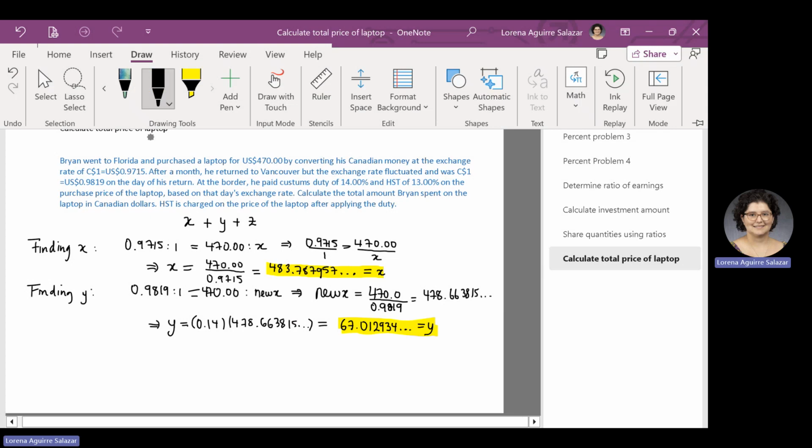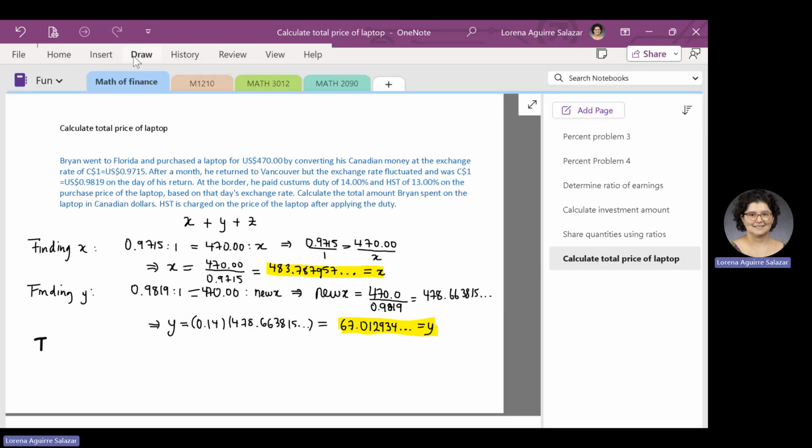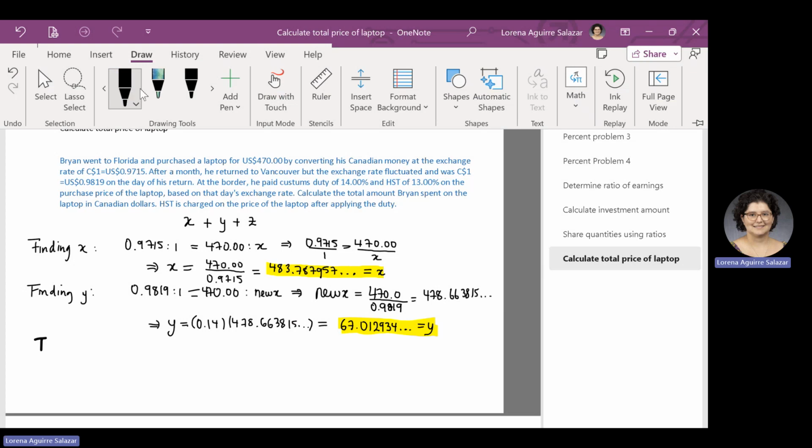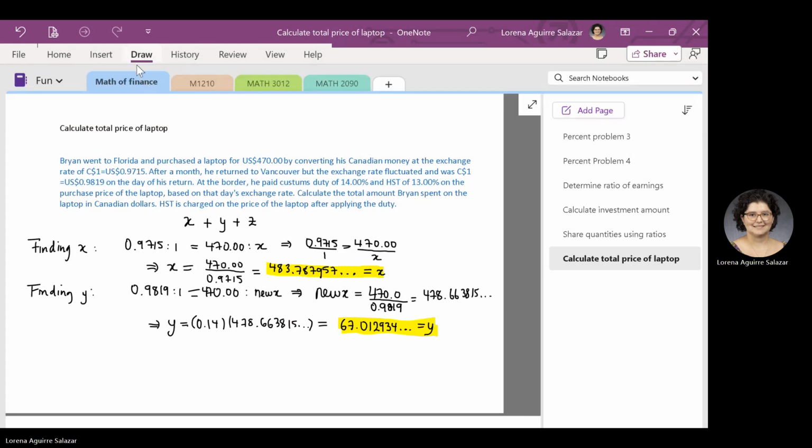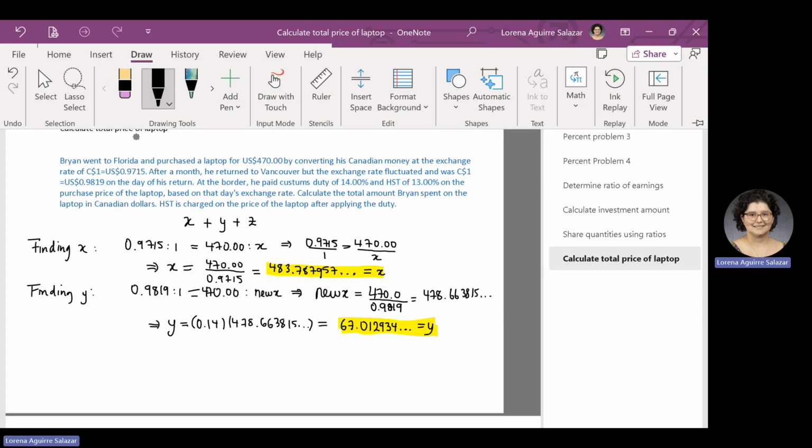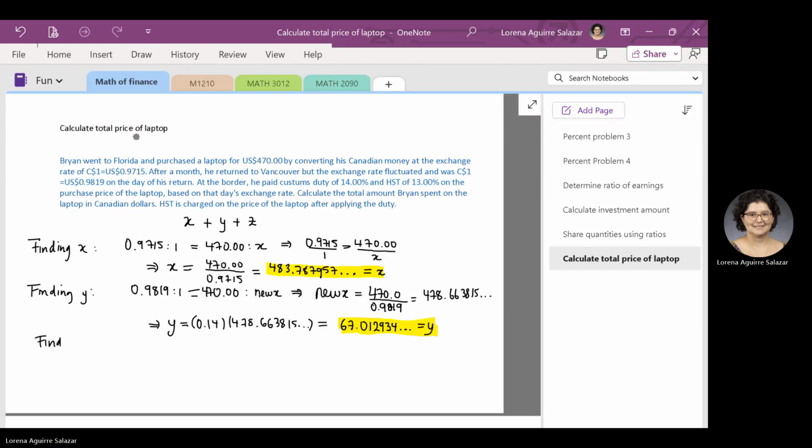The last thing we do is find Z. We already found Y. To find Z, we compute 13% on the purchase price of the laptop after applying the duty.